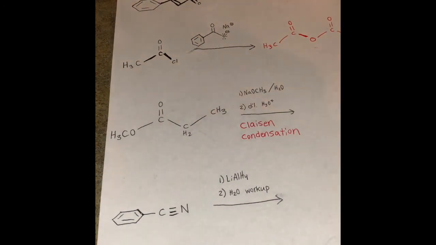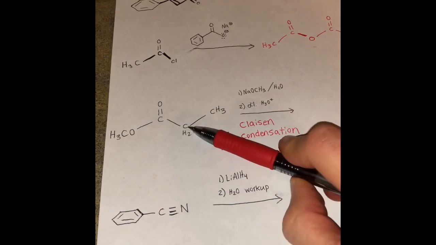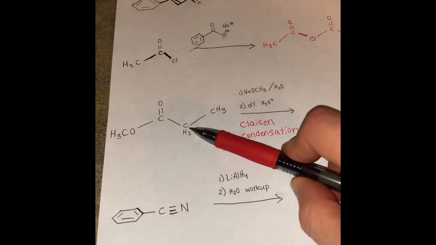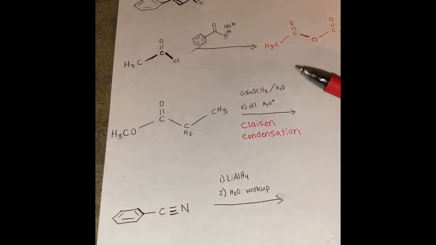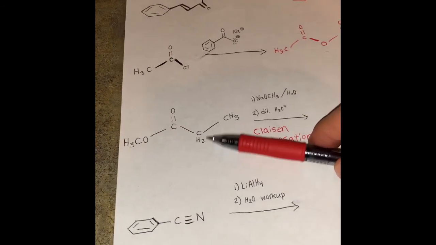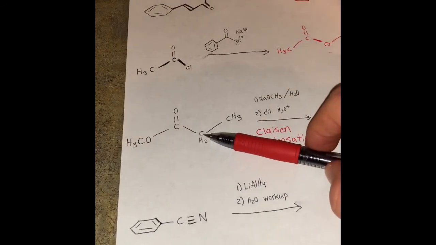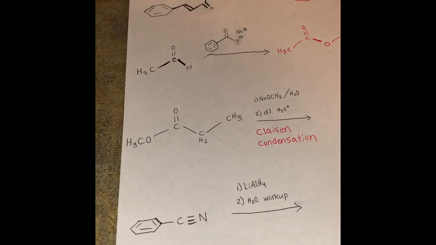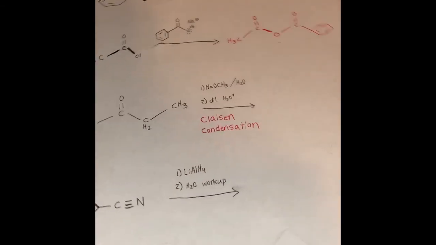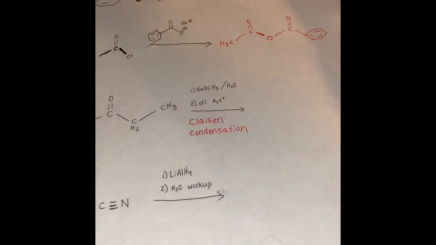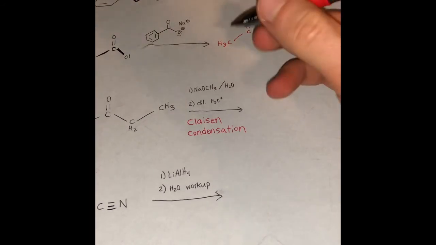So we're going to be using this alpha carbon. First, in this reaction, we have to remove one of these alpha hydrogens in order to get a lone pair on this C, and then the reaction proceeds. Now your final product will be this structure right here.